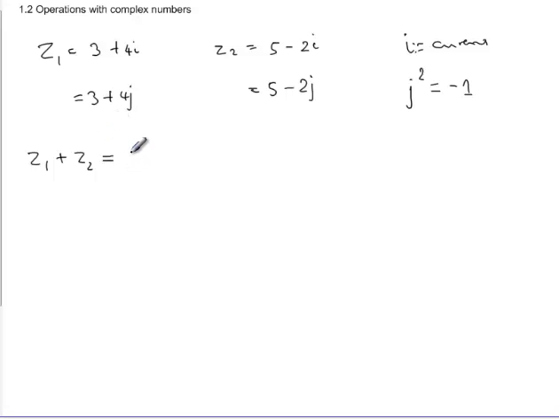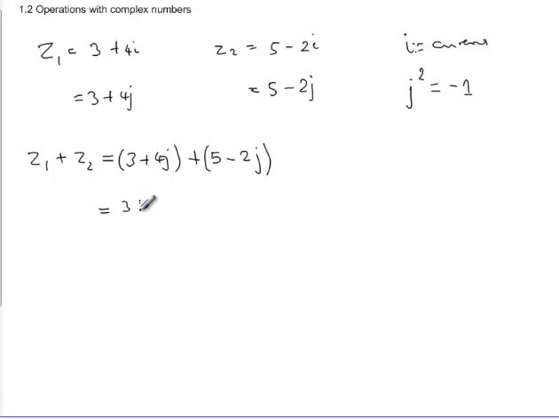Then you say here, 3 plus 4j is first, and today I'm going to do it slowly, plus 5 minus 2j. Is that right? Then the next thing, I'm going to bring my corresponding parts together. What am I going to say?